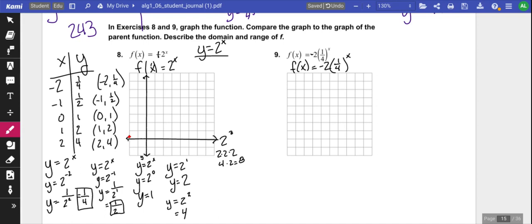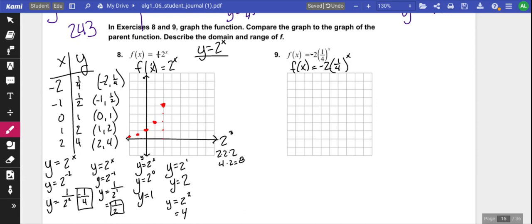Just get it as close as you can. -1 and 1/2, that's about there. 0 and 1. We can see these are starting to rise now. 1 and 2. And then 2, 4.